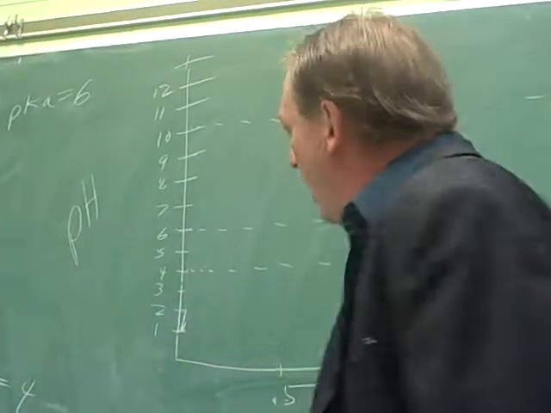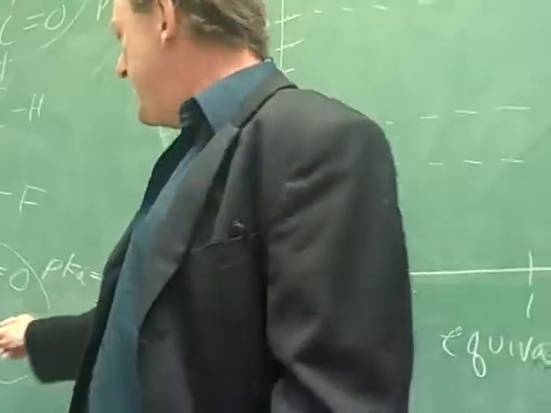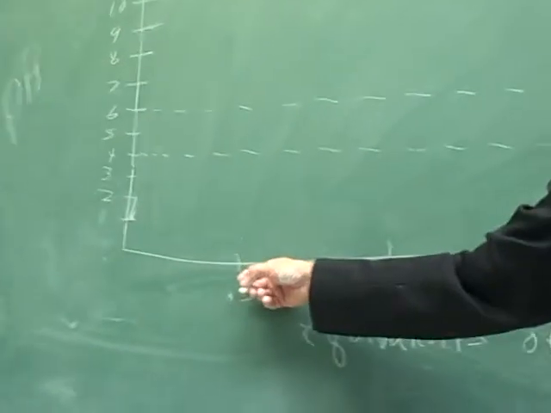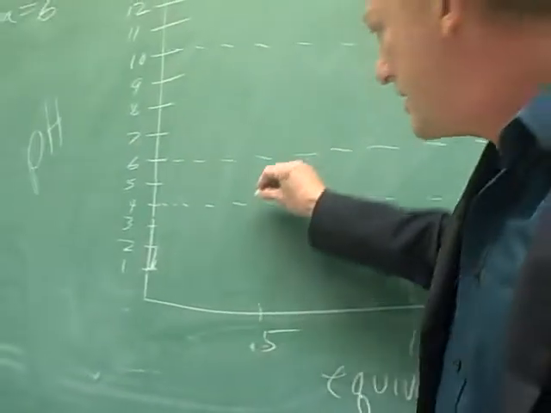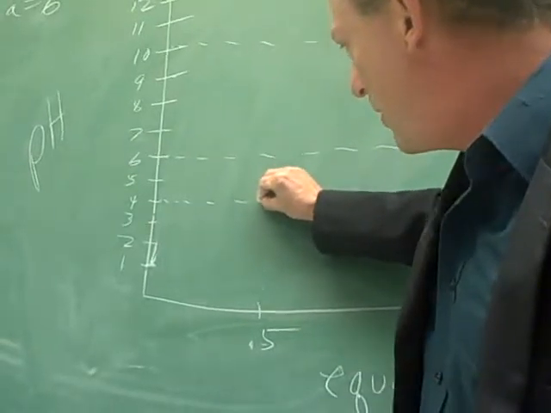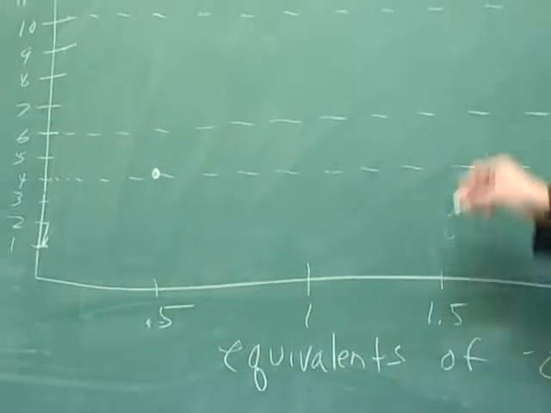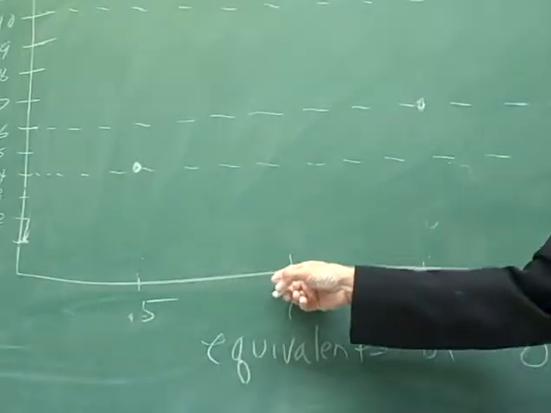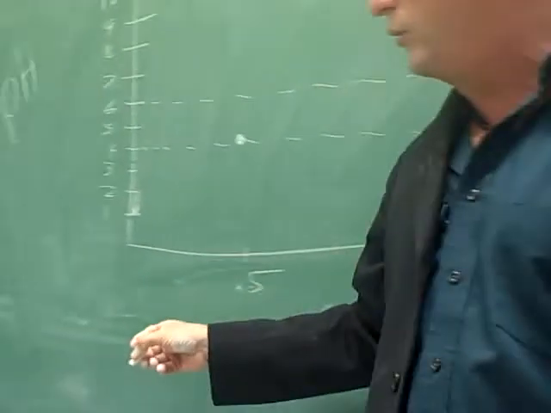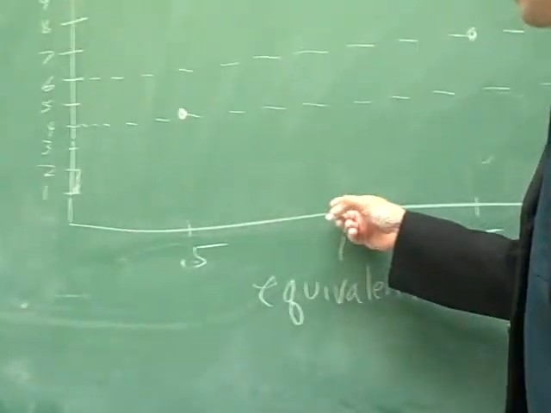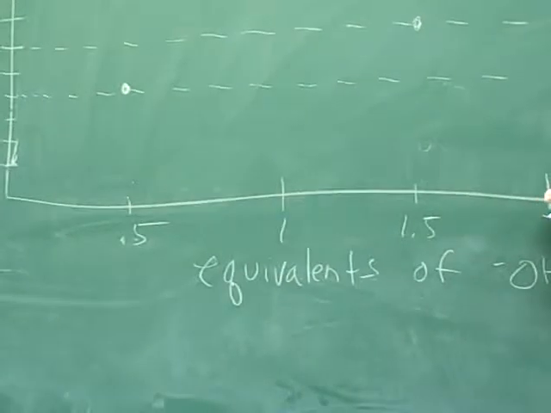Now I remember that the pKa is the halfway point, and the halfway point comes when I add a half an equivalent. So the first one goes down here. The next halfway point is going to come at 1.5, because it took one whole equivalent to get rid of all of these protons, and then another whole equivalent to get rid of all of those.